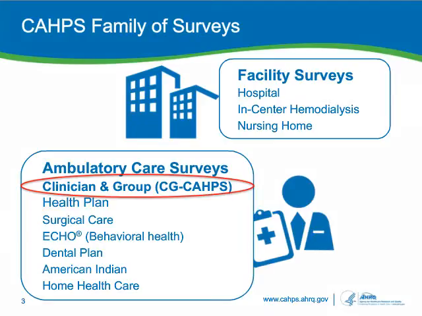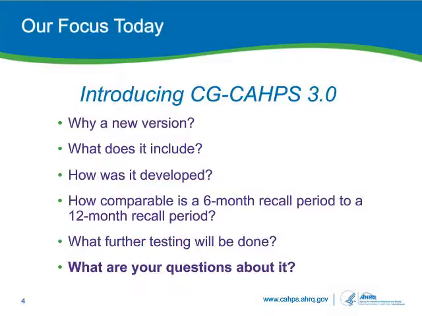So our focus today is to describe a new version of the CG-CAHPS survey, version 3.0, and to explain why a new version was created, how the CAHPS team went about developing it, what specific survey items it includes, and how the instrument is structured.